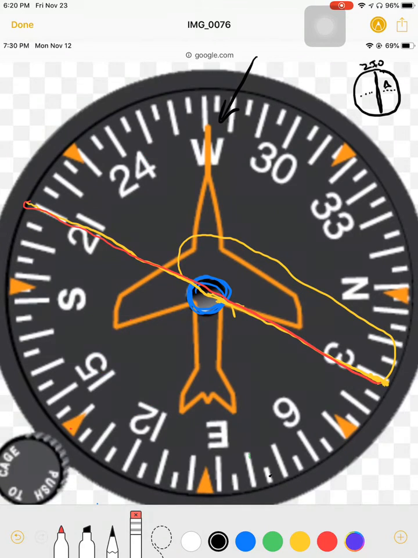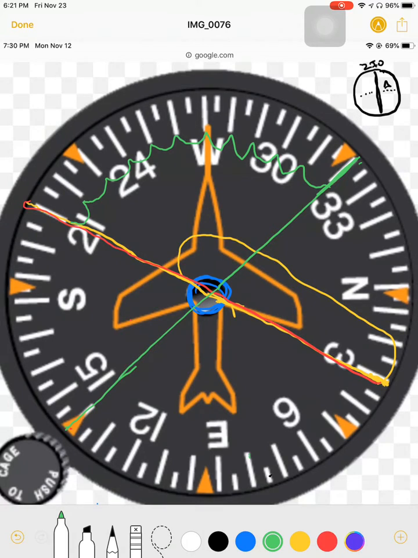If this side is the unsafe zone, your parallel entry is going to be from this side. We're going to count 110 degrees. We know that parallel entry is about 110 degrees. 10, 20, 30, 40, 50, 60, 70, 80, 90, 100, 110. So that's going to be 320, coming from the 320 imaginary line all the way to the reciprocal of 140. 320 minus 180 is 140.